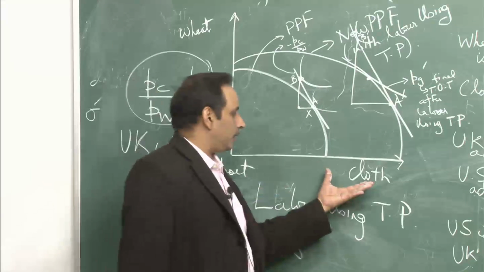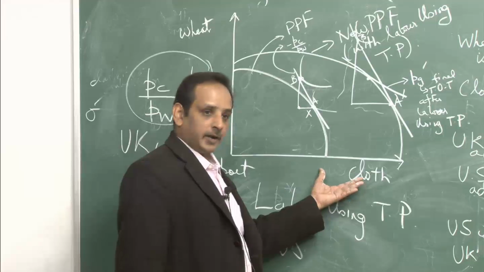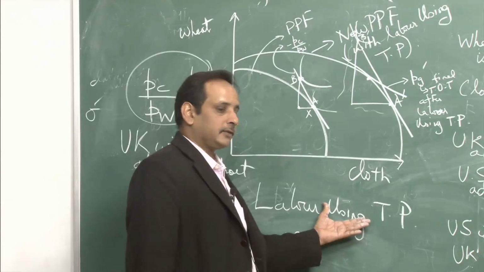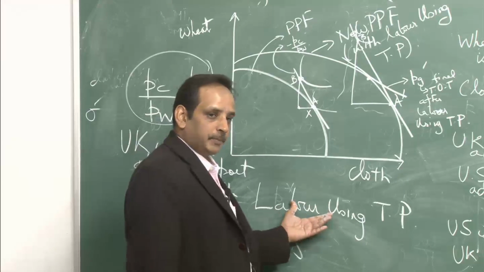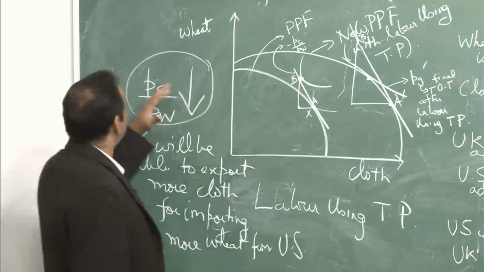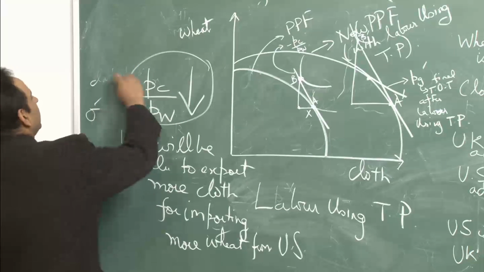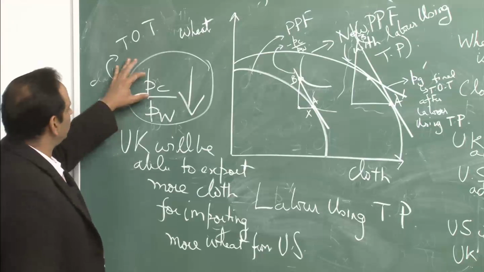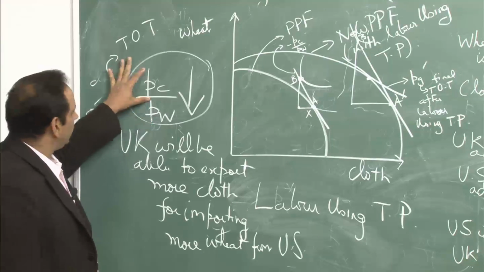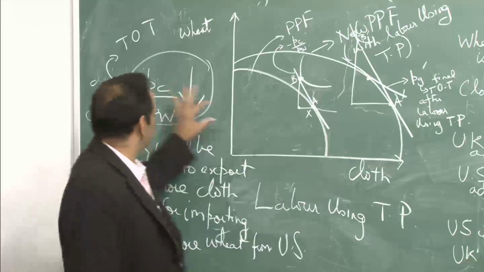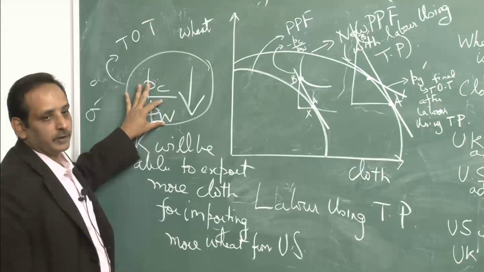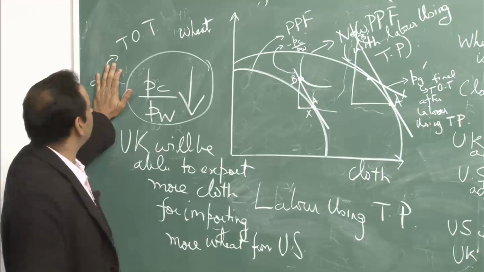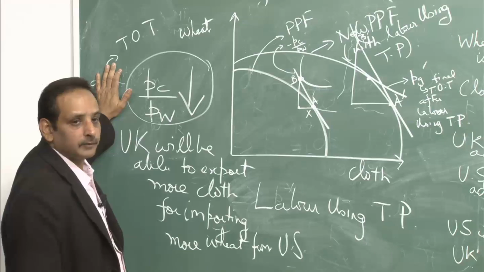The UK, being labor rich, saw technological progress of the type which is labor deepening, leading to a fall in the terms of trade. Remember, the terms of trade is the price of exports by the price of imports. The export good is cloth, and the imported good for the United Kingdom is wheat. So the terms of trade fall for the UK, and the terms of trade increase for the US.